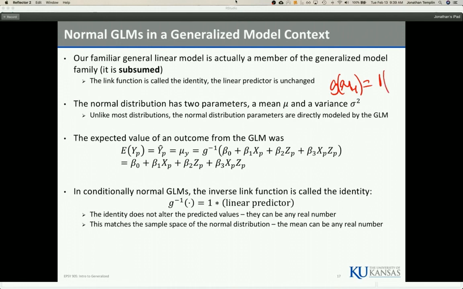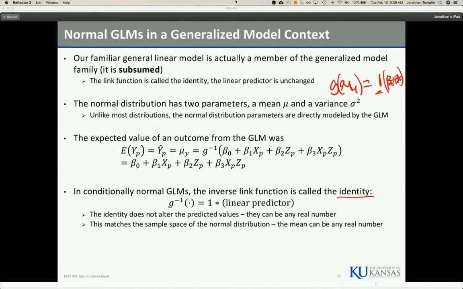So it's 1 times beta 0 plus beta 1 x, and so forth. This is sort of a trick. We didn't do anything to it. If we just multiply the whole thing by 1, it doesn't change. That's what we call the identity link. So we've been doing this already.